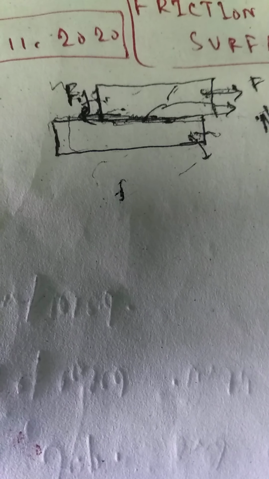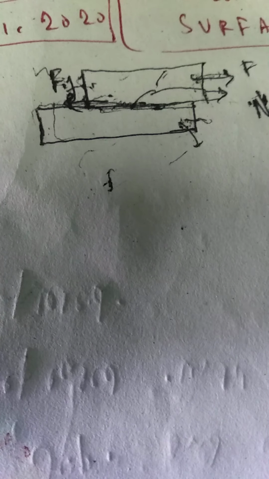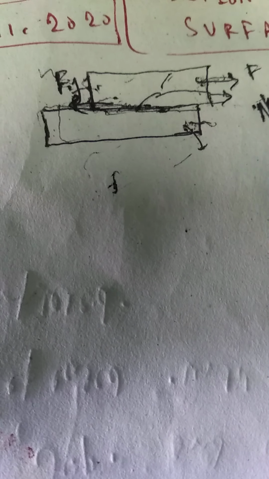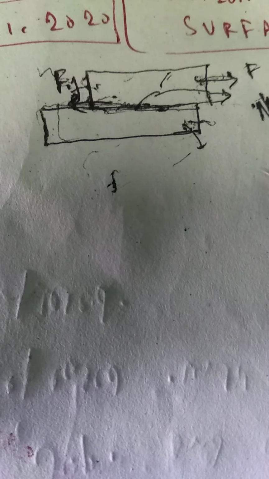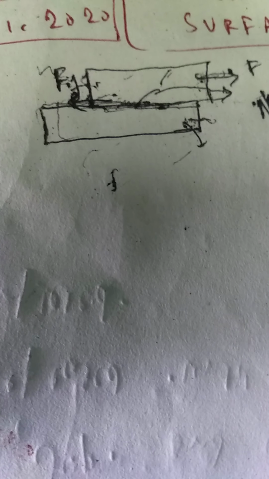Also, friction is desirable in the movement of a train on a railway track, and in the transmission of power by belt drive. So in these areas the force of friction is desirable, and it helps in the movement.